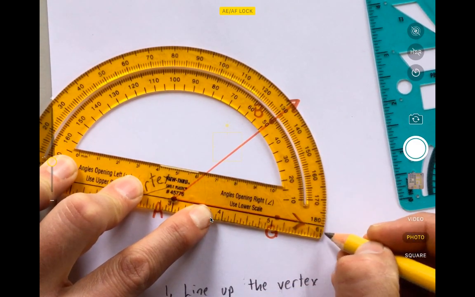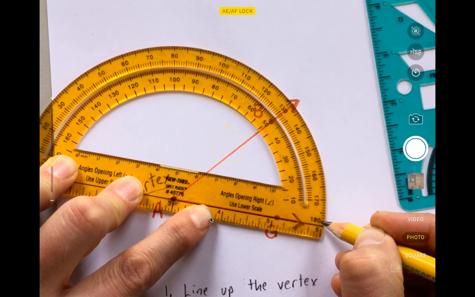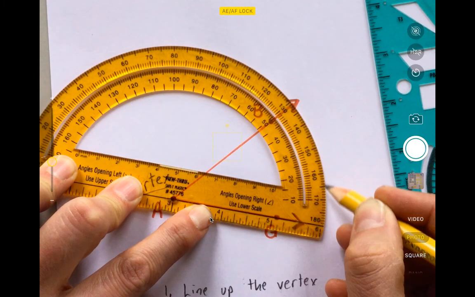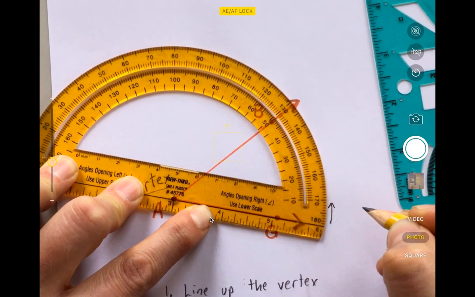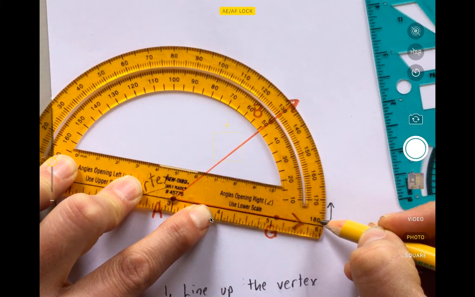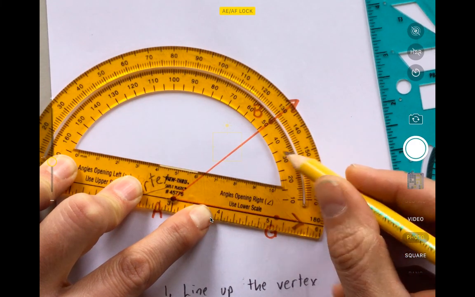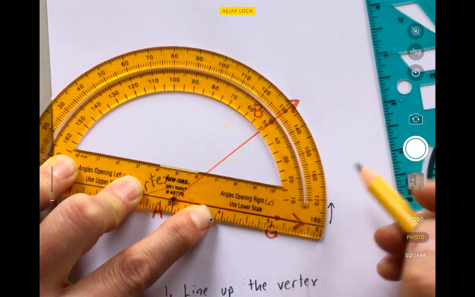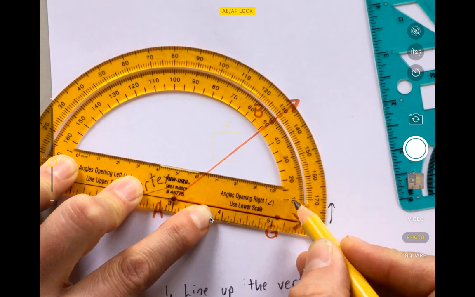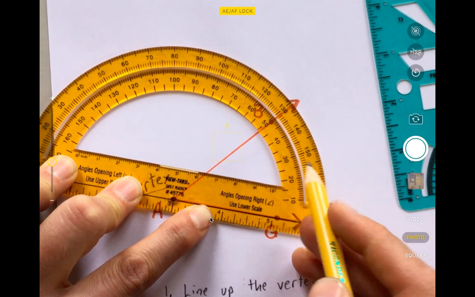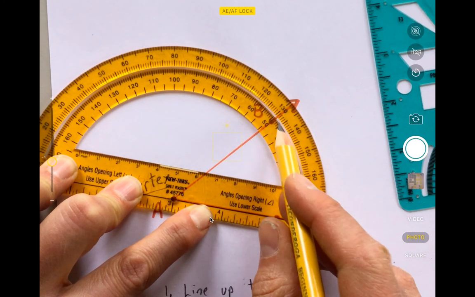Now, if this is the 0 line, and you might notice that there's also a 180, I'm going to need to start counting up from this side because I'm measuring in this direction, okay? So I'm not going to use the numbers that go down. I'm going to be using the numbers that go up. And you might notice that every half circle protractor is going to have 2 sets of numbers like this. We are going to be using the numbers that are counting up from the side that we are measuring from. So this number right here is 0, and we're counting our way up.